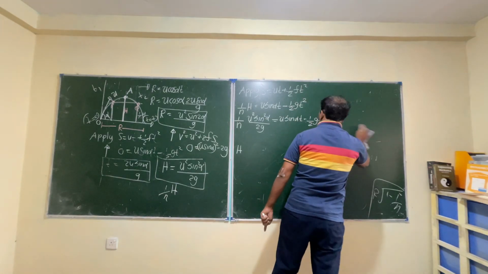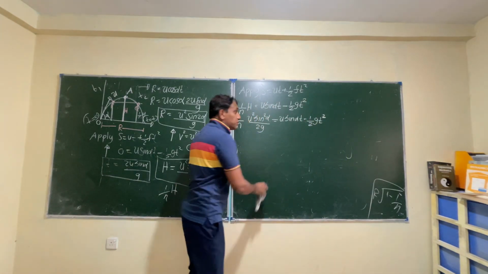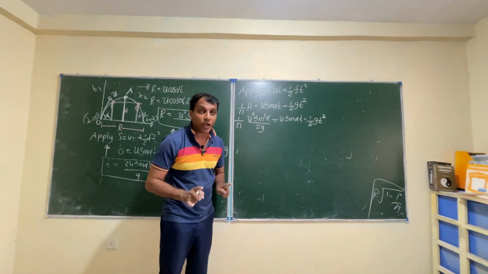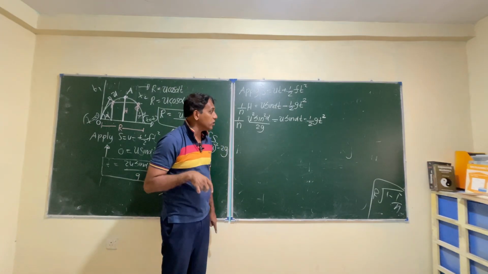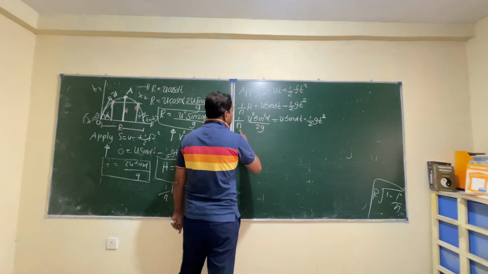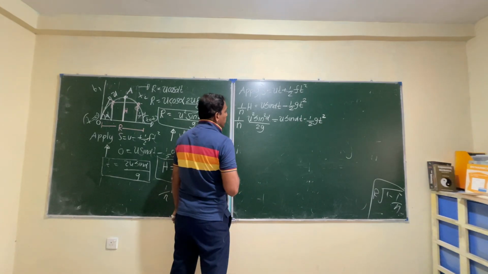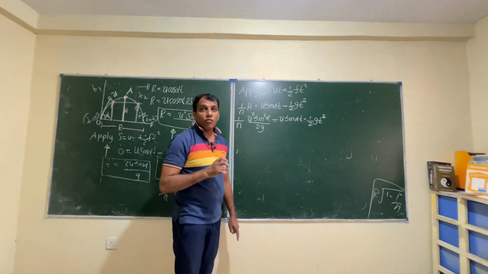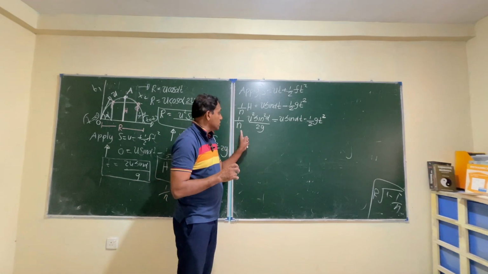Now multiply everything and simplify to find the quadratic equation in t. Can I multiply by 2 and g everywhere?